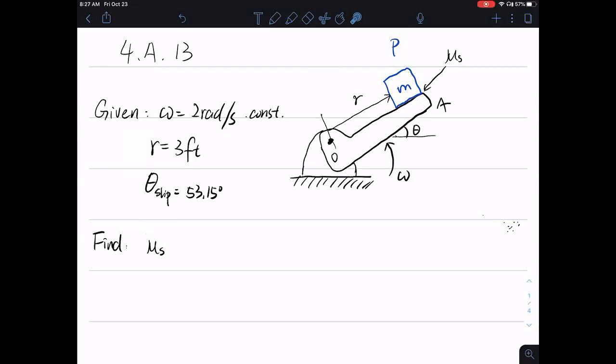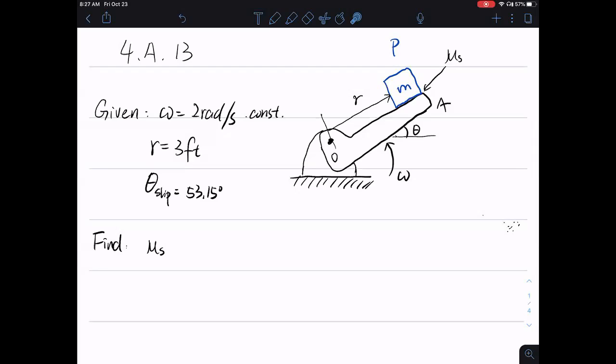Okay. Even though it's asking for different things, you can still use the 6 steps to solve this problem. First, try to draw the free body diagram. Here, it looks like we have 2 masses, arm OA and block P, but what really matters is block P, right?